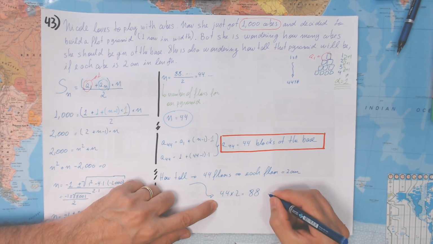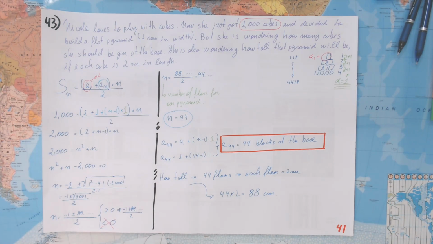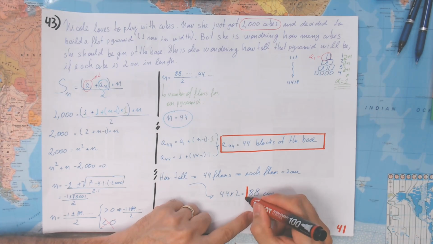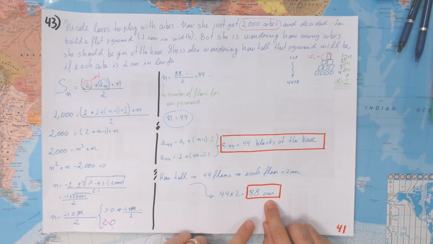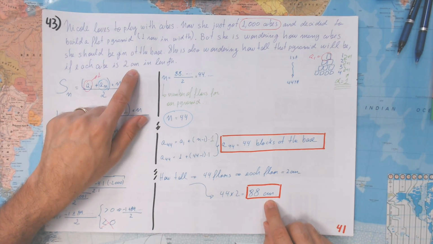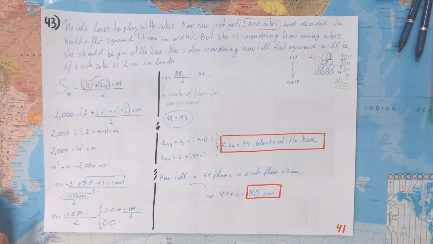So 88. So two things I would like to discuss with you. First, always write how you have reached the answer, okay? Just don't write 88 out of the blue. Explain. It's not going to cost you anything. Another important thing, it has units, okay? So you better put units. Another teacher of mine told me that a number is nothing if it doesn't have units.